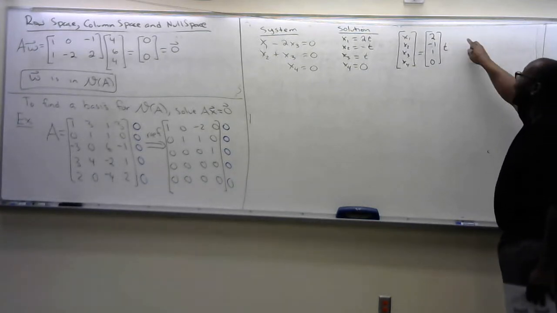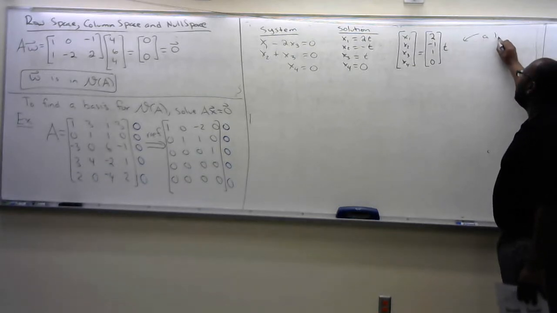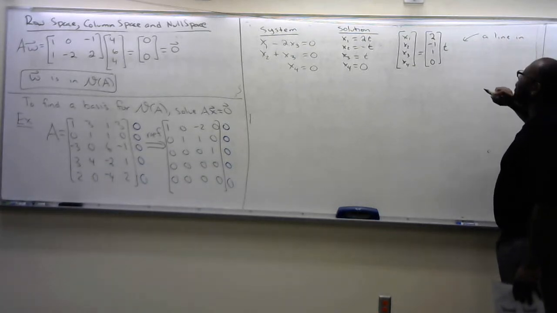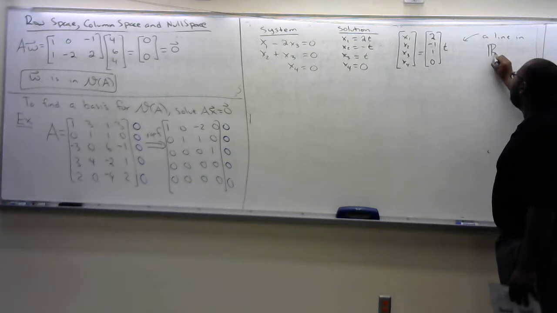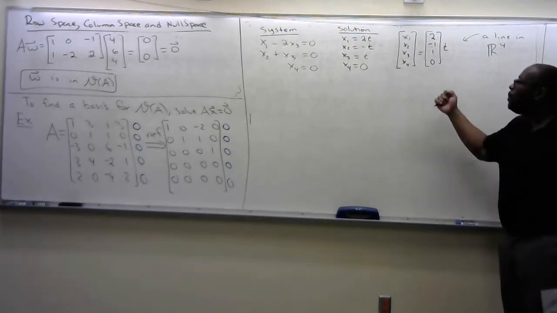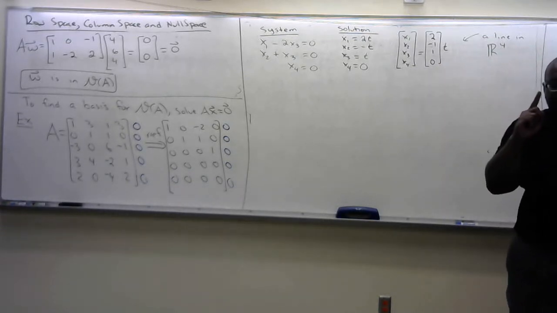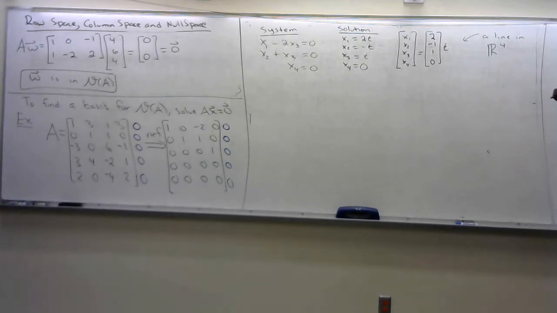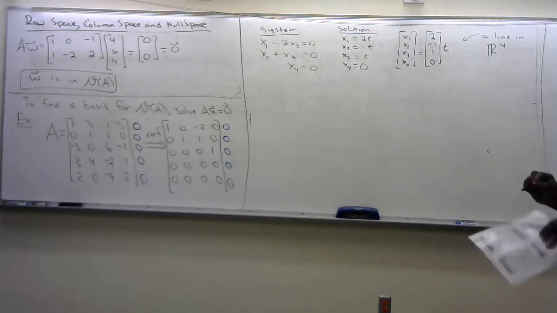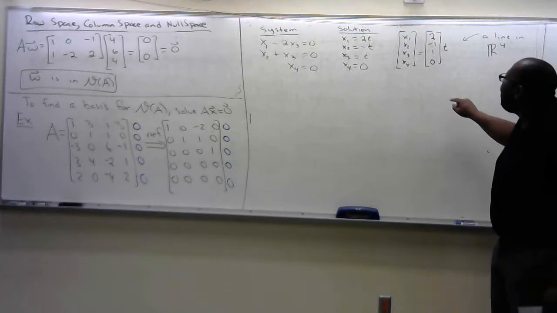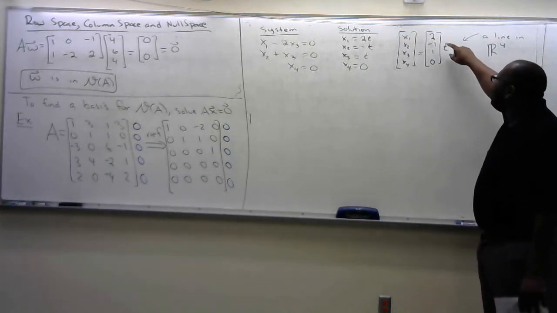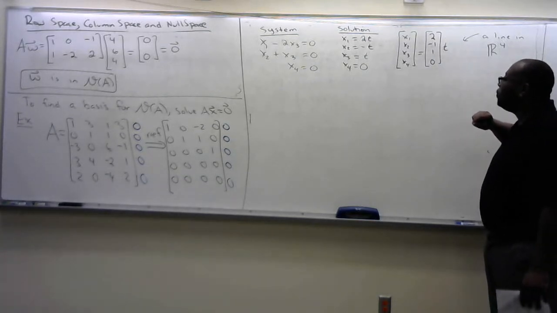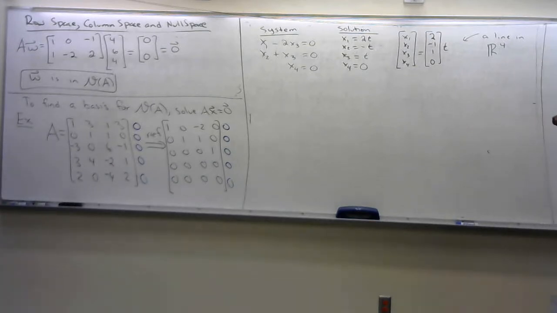This is a line. This is a line in what space? In R4. So if you said that, you're good. I know it's a line because I only have one linearly independent vector, and I know it's in R4 because it has 4 components.